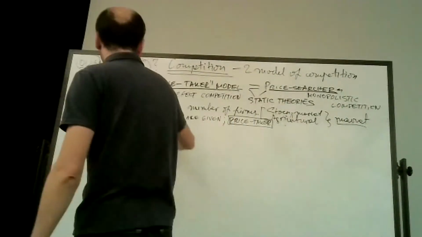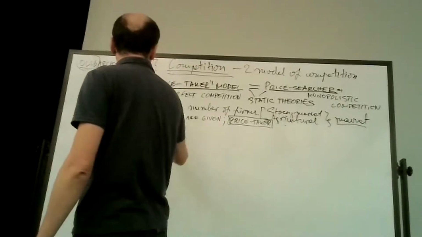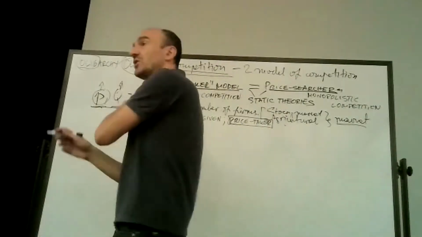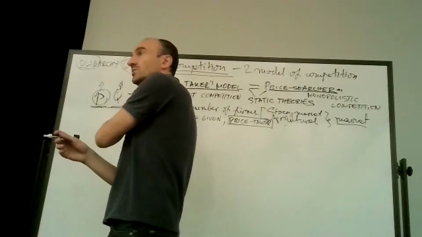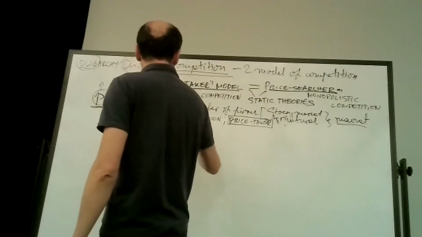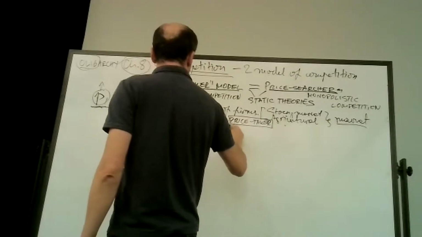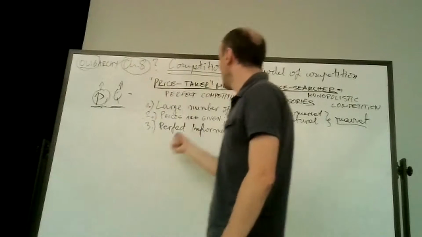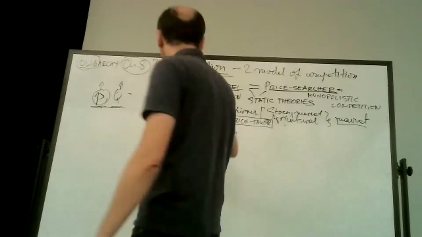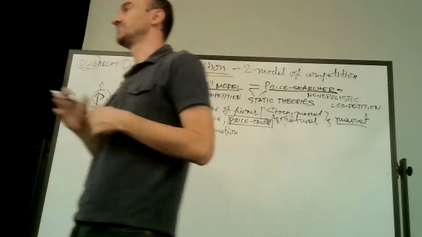Okay, so what are the other assumptions of the model? Perfect information. So by the way, you don't have any of this in your book. What perfect information means is that all market participants have information about the available trades.